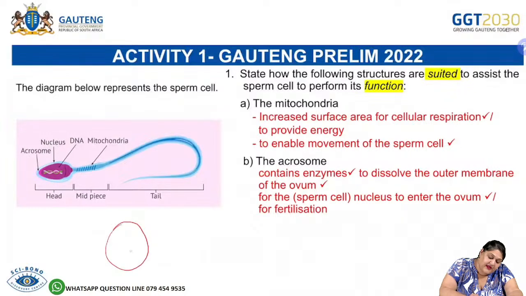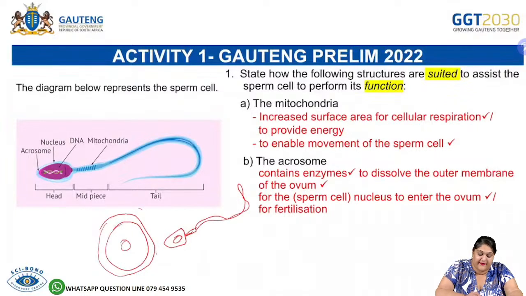Okay, so you're going to see it when we are doing it, but I just want to show you quickly. So here we have the nucleus, and we've got the cytoplasm, and we've got a jelly layer, and we've got the outer barrier, right? The sperm cell is going to be coming here. There's its nucleus. Here's the neck, and here's the tail. So it's going to come into contact, and it's got an acrosome here in the front. Right, so when that acrosome comes into contact here, it's going to dissolve this wall.